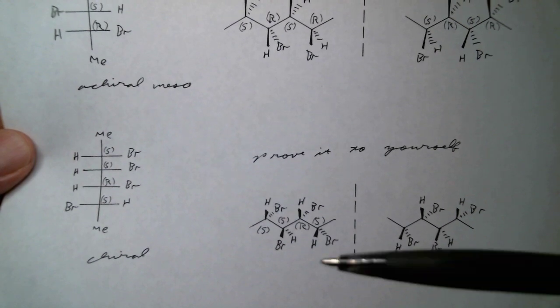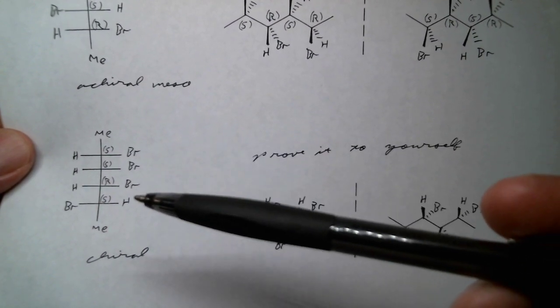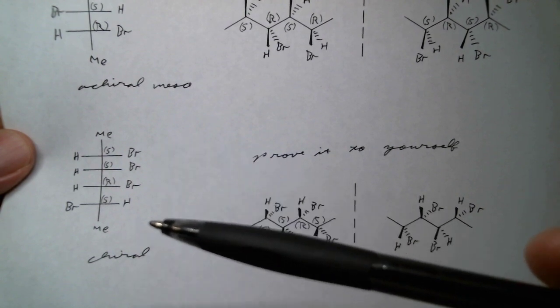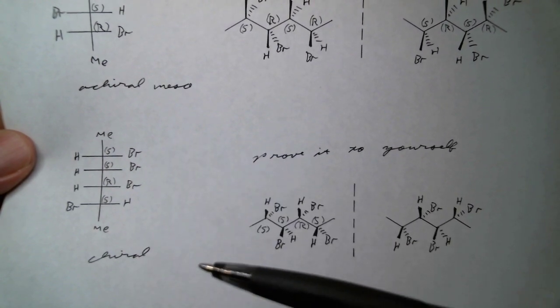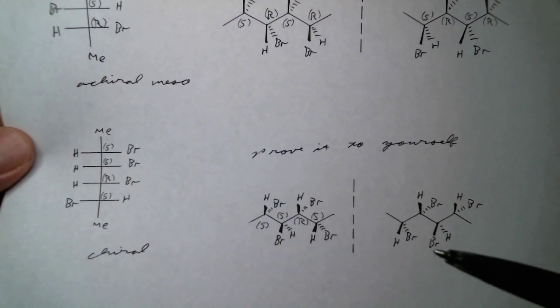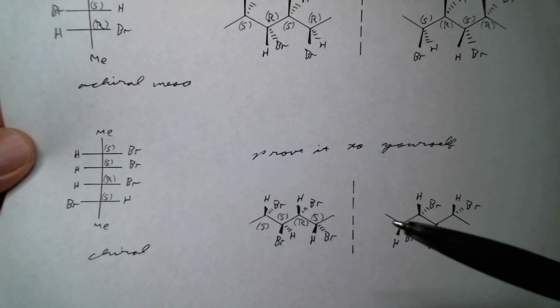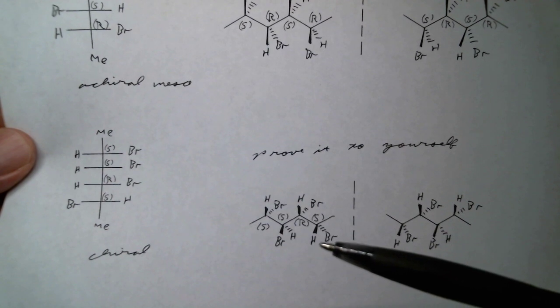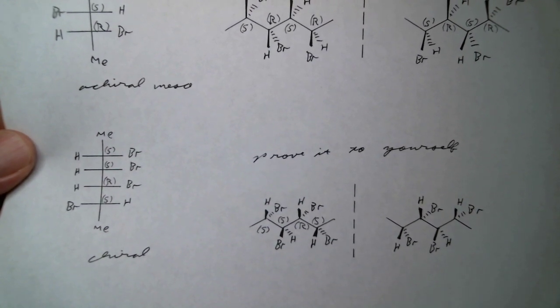And how about this SSRS? Well, there is no internal plane of symmetry in this Fischer projection. It is chiral. And you could prove it to yourself drawing bond line structures, and yes, this is indeed a non-superimposable mirror image of our SSRS configuration.